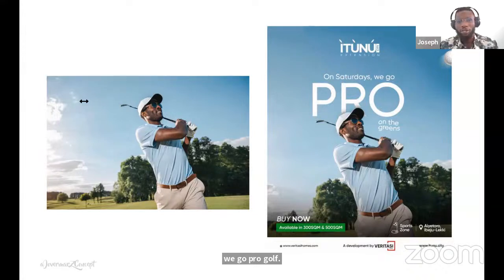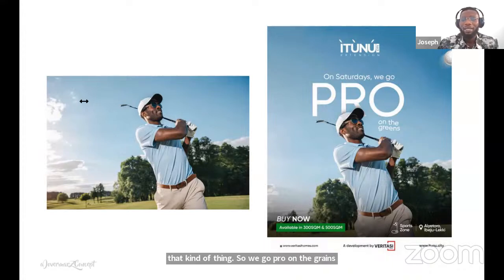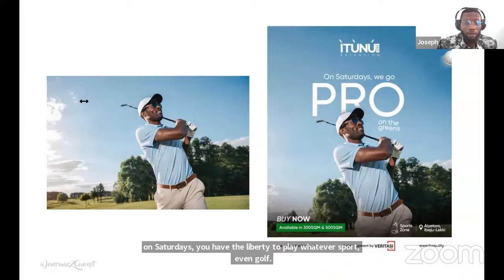You get a professional basketballer, a professional tennis player, that kind of thing. So we go pro on the greens. That's what it's trying to say. It's like a euphemism, right? It's just telling you that there's a sports zone on this property, and on Saturdays you have the liberty to play whatever sport, even golf. Do you get it? So yeah.